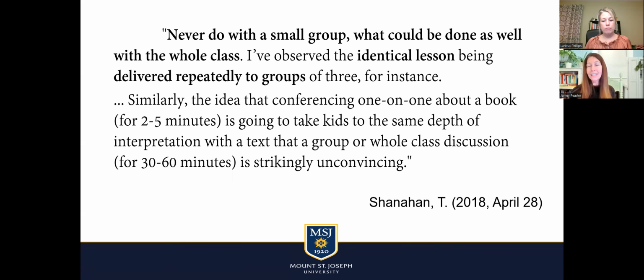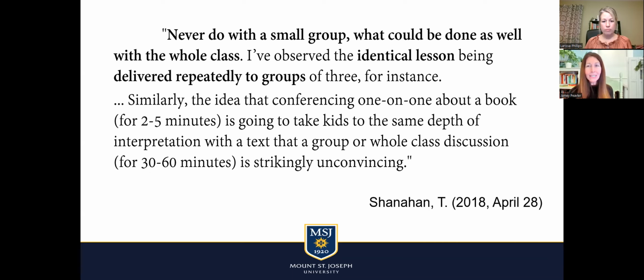Maybe the only thing that's different is the decodable text that we're using or a phonics focus, but basically every lesson pretty much looks the same. So that's not targeted, that's not intentional, that's not specific. And so we don't want to use our small group time to teach this information. It really should be about narrowing our focus and being very intentional.